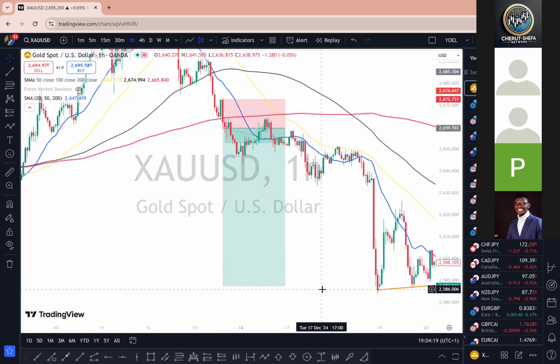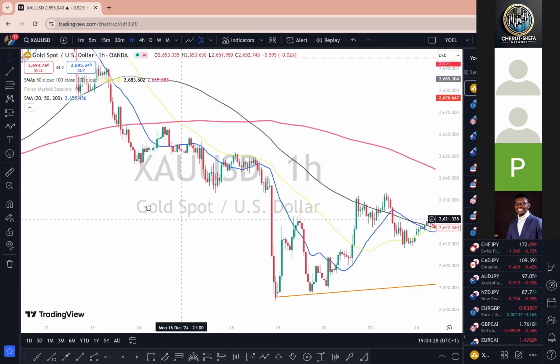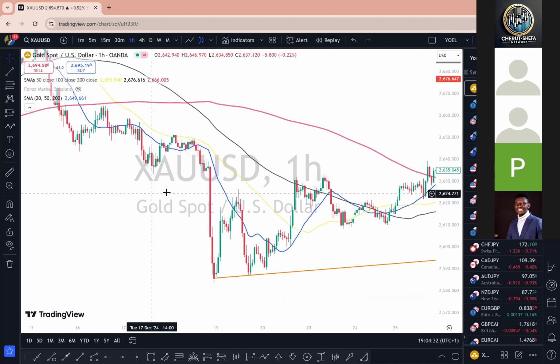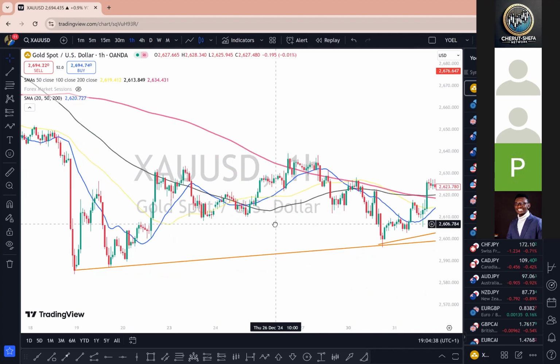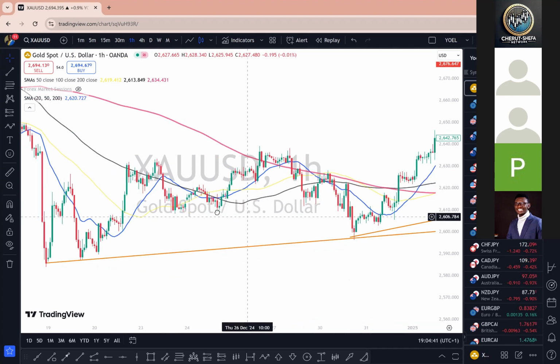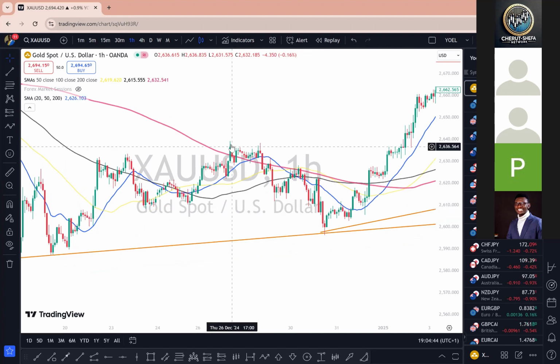The same thing is when the price has been in a bearish momentum, below the moving averages, and then suddenly it crosses. Now it crossed here and then it failed. Yeah, stop loss, no problem. One of my losing trades.